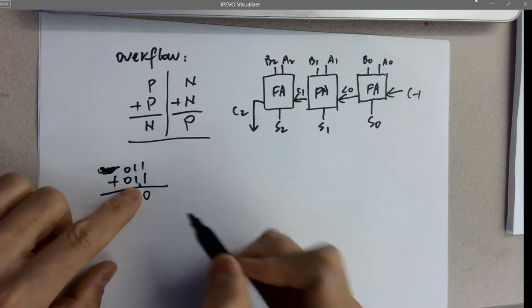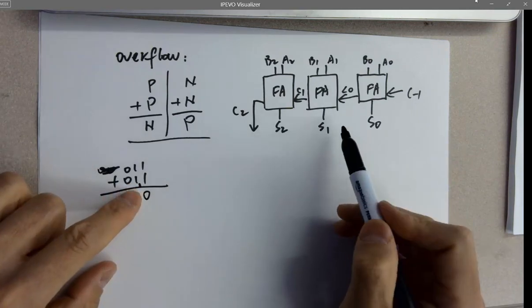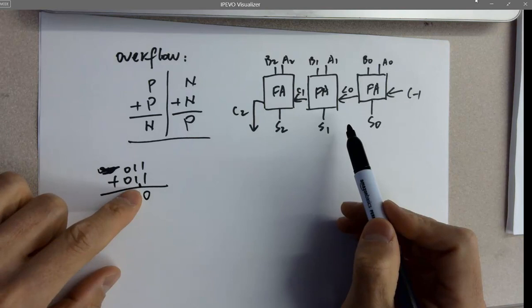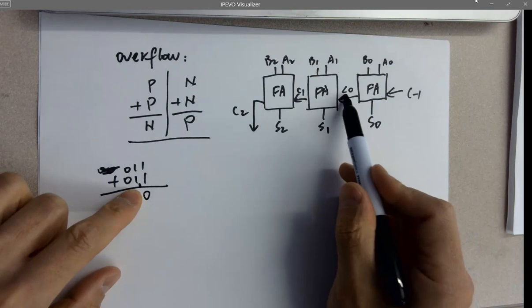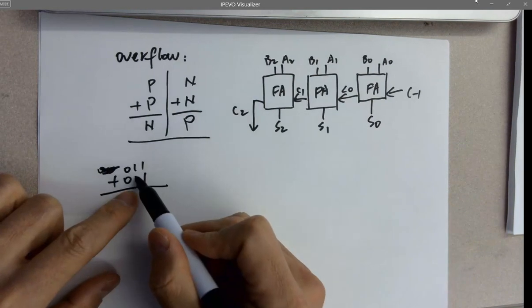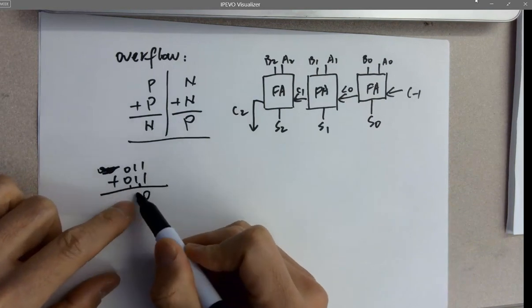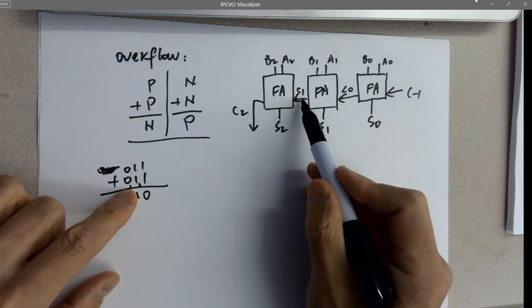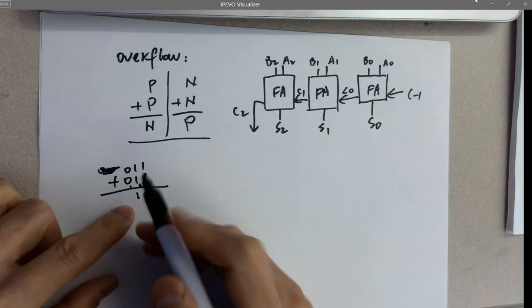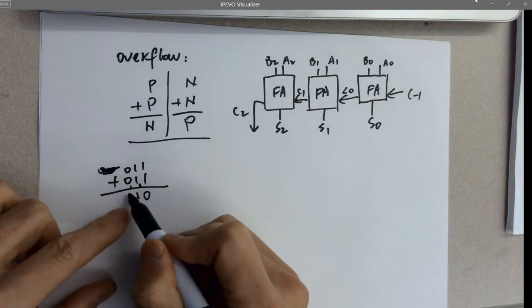So what's the name of the carry here in this architecture? C0, right? This guy. And 1 plus 1 plus 1, we are getting 1, 1, right? So what is this carry? C1. And then 0 plus 0 plus 1, we are getting 1, right?